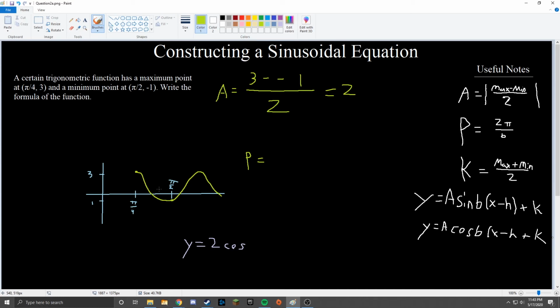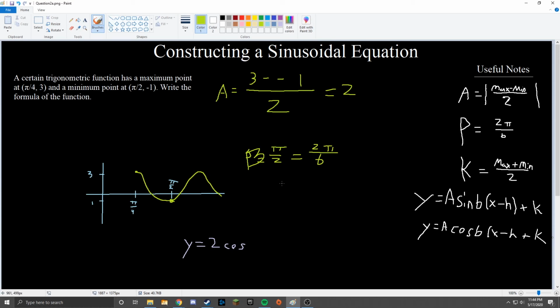So what we're going to want to do is get the length of half of 1, which we already have out here. So let's make that a little bigger. We're going to want to subtract these two values, which is pretty simple. We're just going to be left with pi over 2. So then we use our equation here, and that's going to be equal to 2 pi over b, and we're going to want to isolate b there.